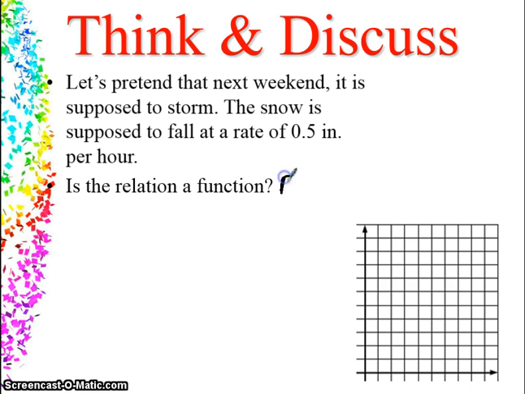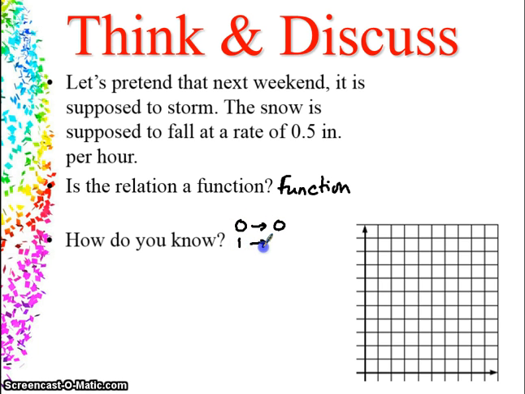Well, we know that this would represent a function. Now, think about how we know. We know because each input would have one and only one output. For example, if for no hours it has snowed, then there will be no snow on the ground. If it snowed 1 hour, there will be ½ an inch.